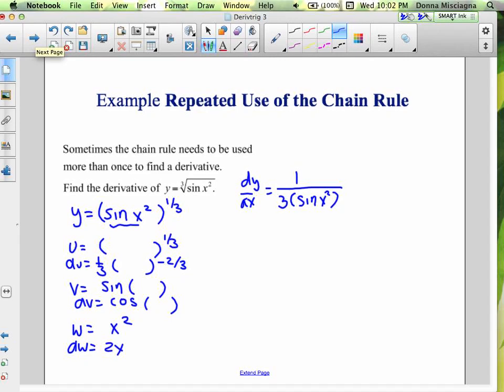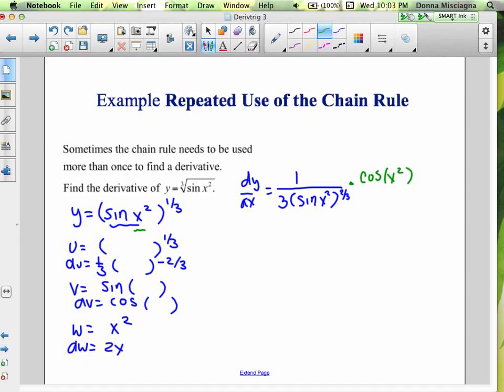As soon as I put the parentheses and the exponent in there, we're done with that part. The second part is the dv. We need the cosine blop, and what goes in the blop but x squared. So that's going to be times cosine x squared.